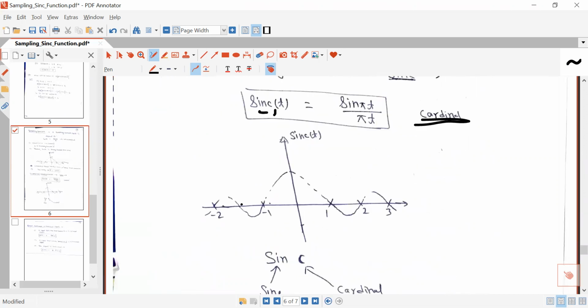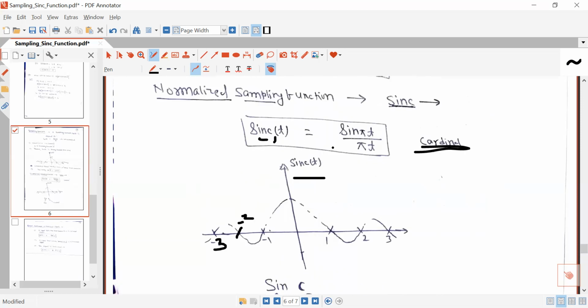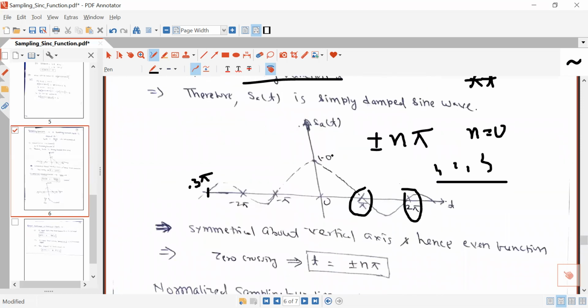And here this is -1, this one is -2, this is -3. So this is the graph of the sinc function. This is the minor difference between the sinc and sampling functions. One has zero crossings at pi, 2 pi, 3 pi, and the other has zero crossings at integer values 1, 2, 3. So this is the difference between the sinc function and the sampling function.